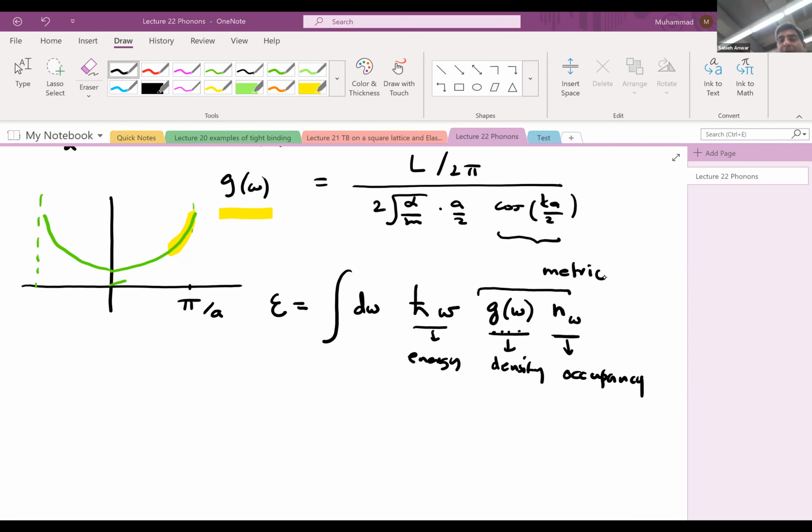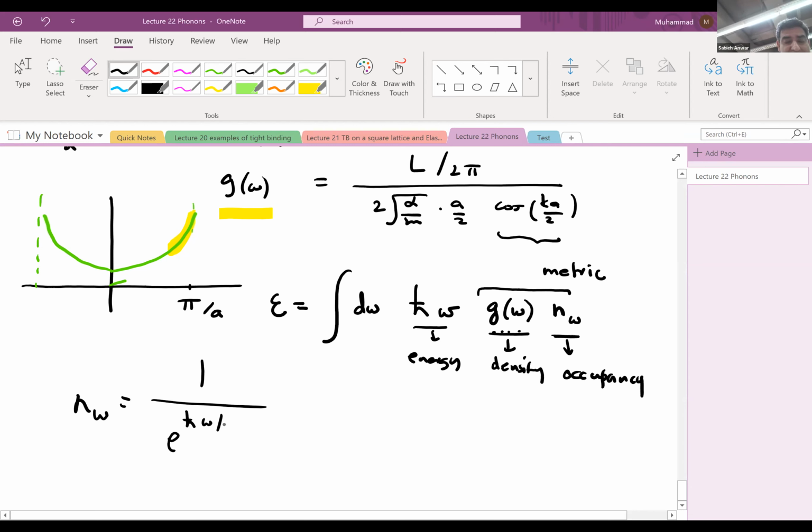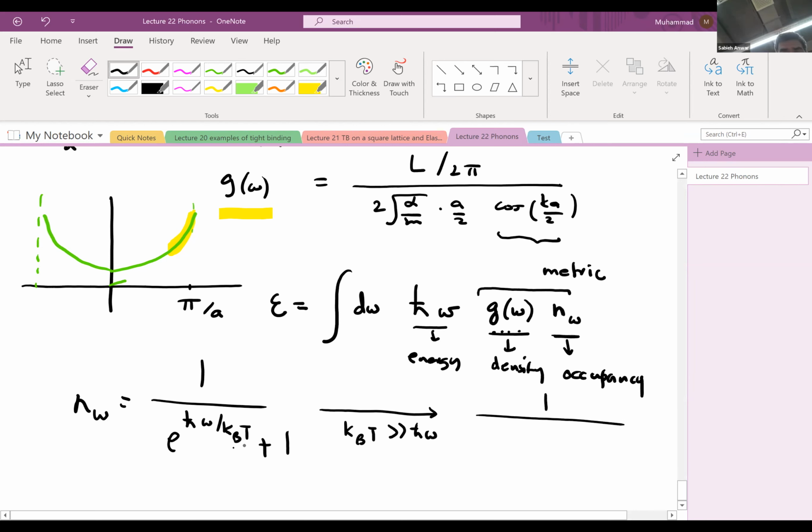By the way, one do-it-yourself problem would be if I take n omega, which is given by 1 over e to the h bar omega over kBT, minus 1. If I'm at the high temperature limit, which means kBT is much larger than h bar omega, then the exponent is small.